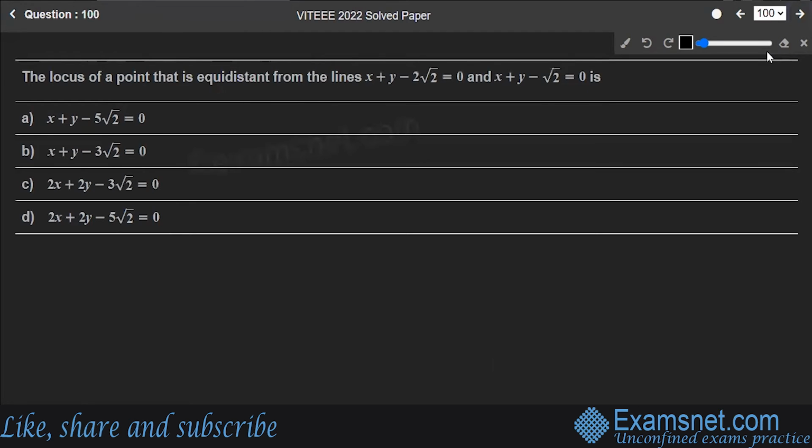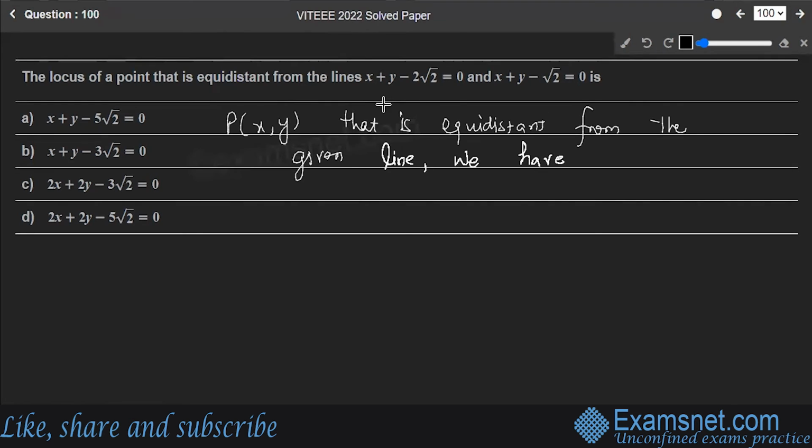See, for any point P(x, y) that is equidistant from the given lines, the condition is: this line x plus y minus root 2 is equal to minus of this, minus x minus y plus 2 root 2.